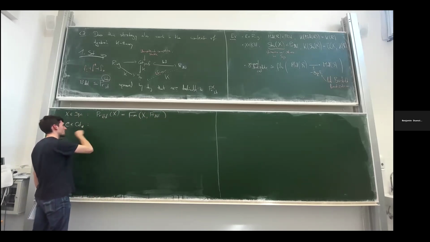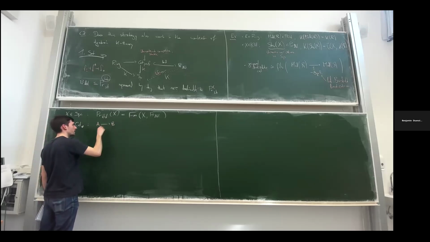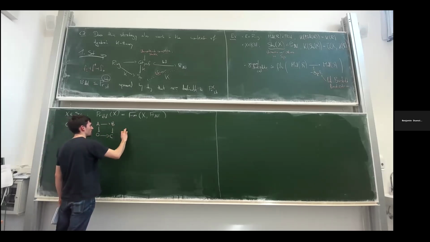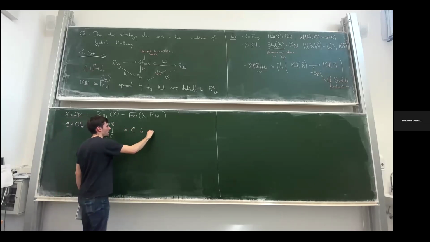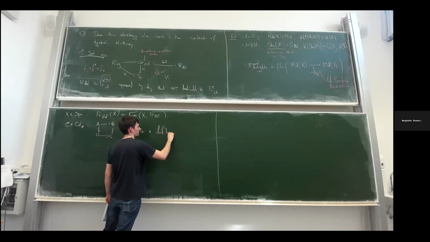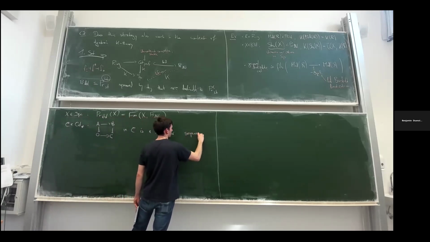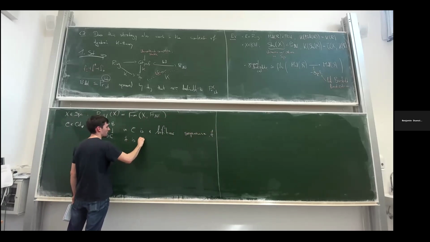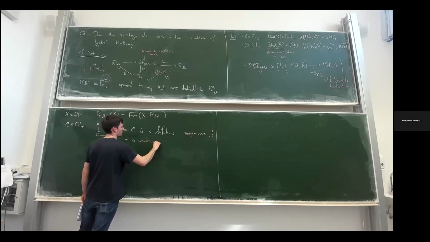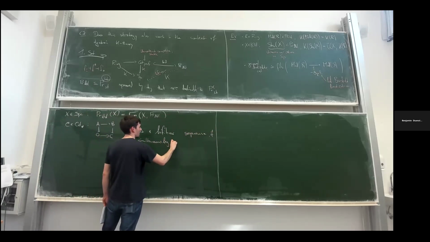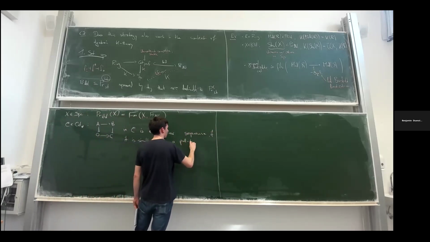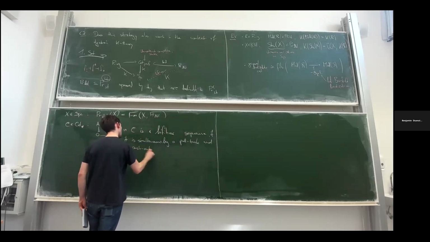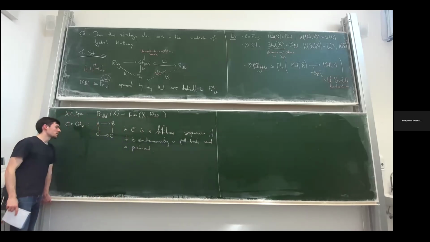And in such a category, a square, where this is the zero object, is a bifiber sequence if it is simultaneously a pullback and pushout.